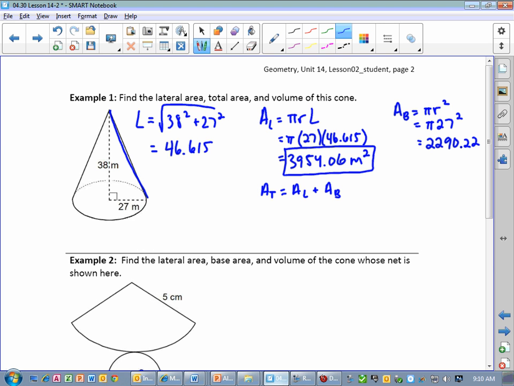Okay. So our lateral area we had here is 3954.06, and our area of the base we just got is 2290.22. I want to add those two together.